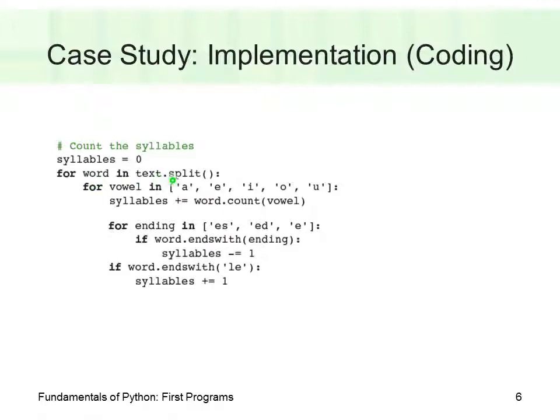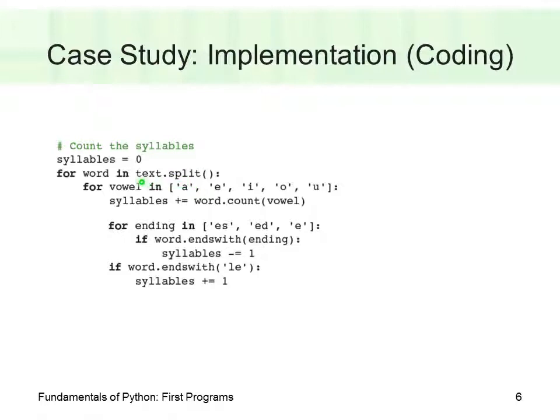And what does text.split give us? The split method, remember, splits up the entire text into separate words. And remember, we're using the definition of word where simply a word is a group of characters that is delineated by white space, one or more spaces or tabs or new line characters.